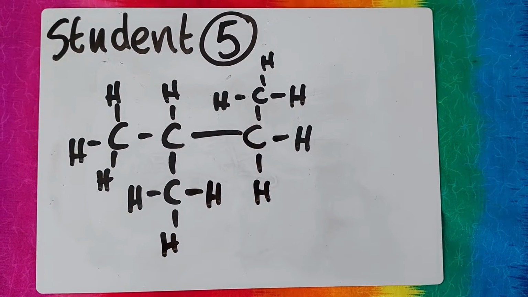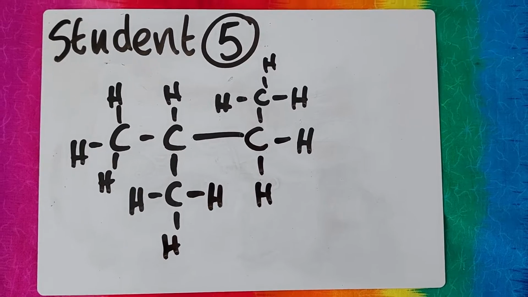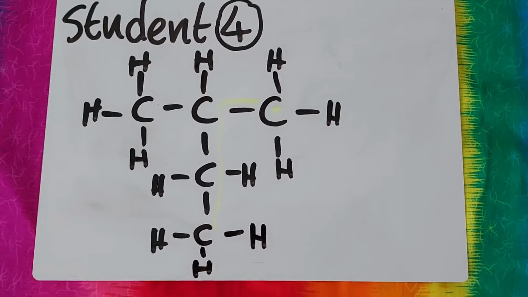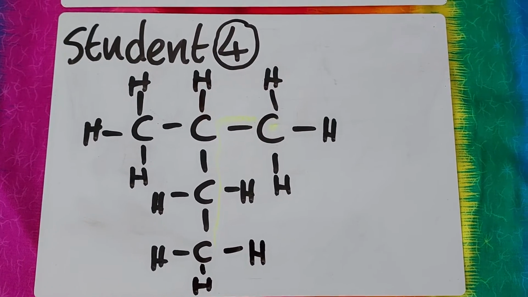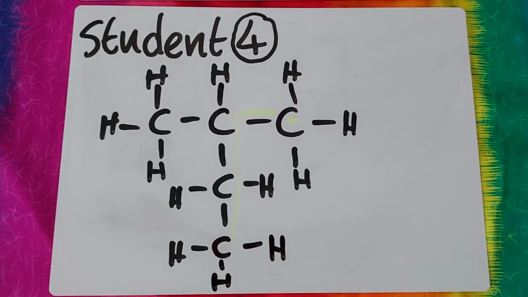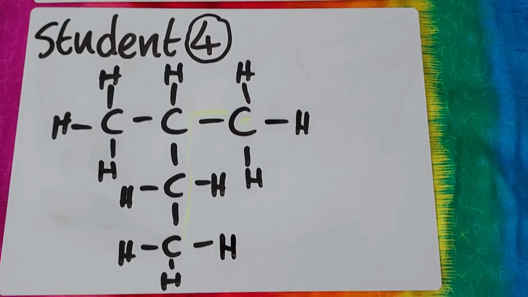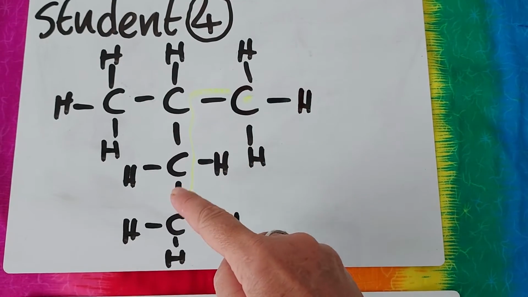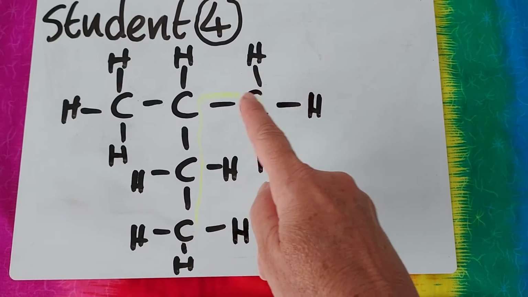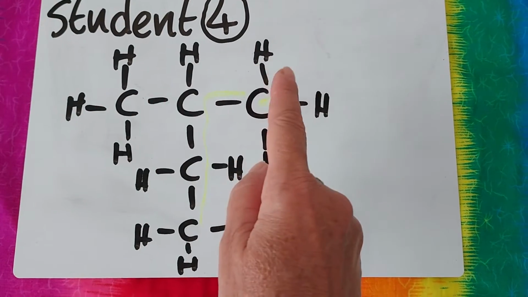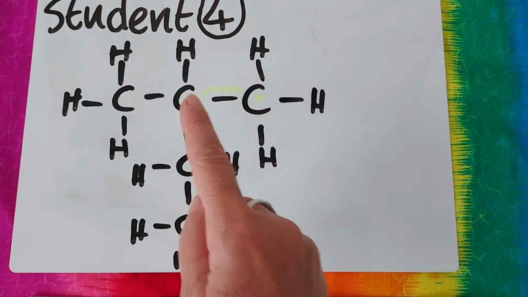Student 5's answer looks completely different to student 4's. But let's trace the carbon backbone. I don't know if you can see that I've traced it in fluorescent yellow. We can see that we have 1, 2, 3, 4 carbons in that chain with a methyl group, look, coming off of carbon atom 2.